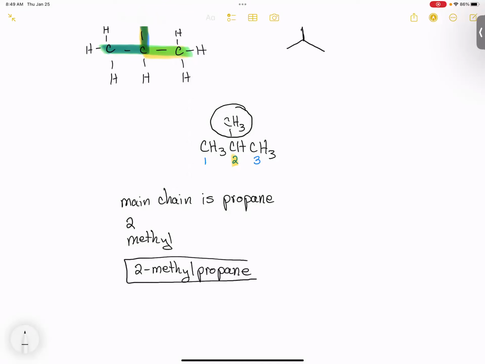And that would be the name for that compound. Questions? Let me give you a minute to digest where you're not writing. Go look at the steps that I gave you. Basically this is step 1, step 2, step 3, and then I'll put it all together.